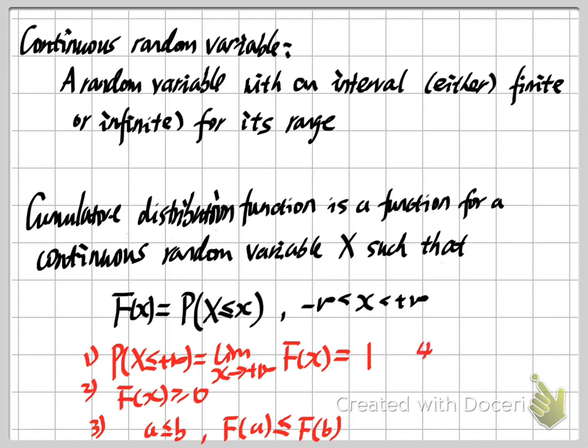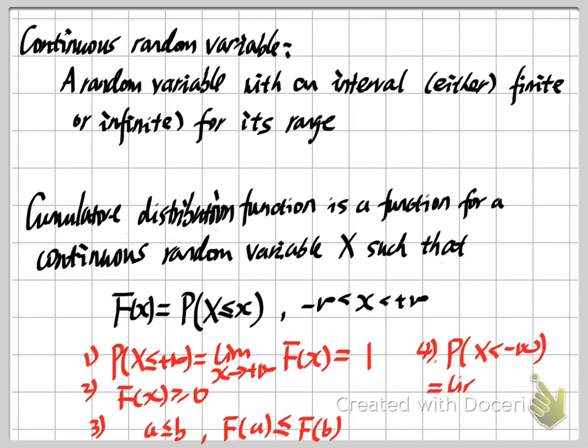And the last one is also from the axioms of probability. The probability of an empty set should always equal 0. So if we say the probability of x smaller than negative infinity, because x is always larger than negative infinity, this is actually an empty set.